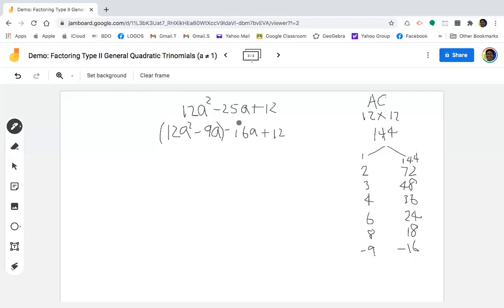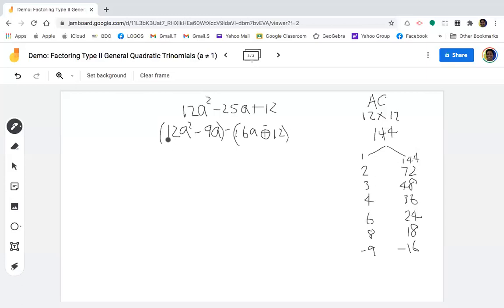Now we group the last two together, but take note of this. Whenever you put a parenthesis after a negative sign, the sign inside must change. You have to reverse this. So that when you multiply negative, it's actually negative 1. Negative 1 times negative 12, you get back your positive 12. All right? So just remember that when you introduce a parenthesis after a negative sign, you have to change the sign inside.